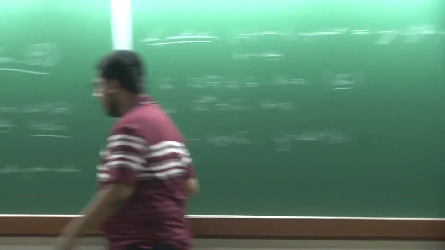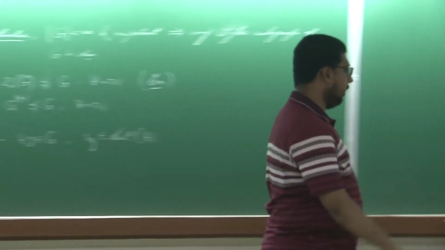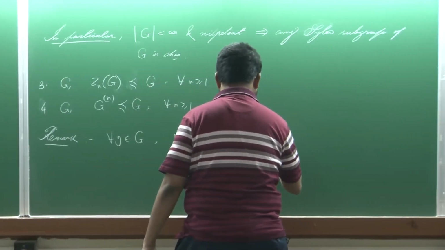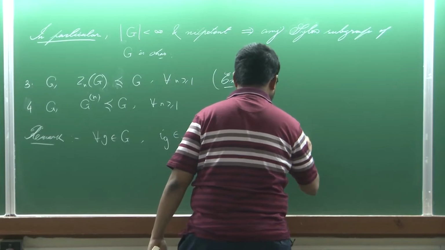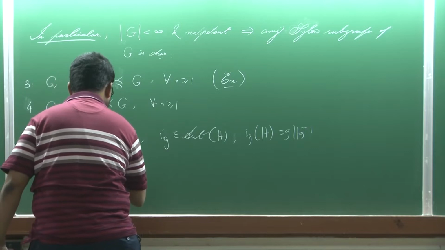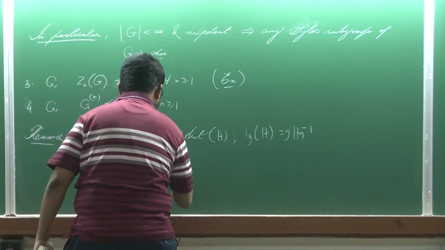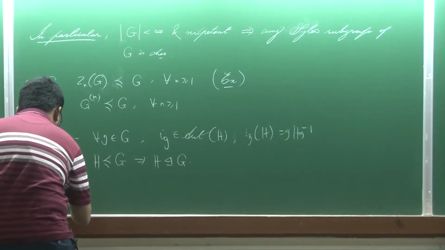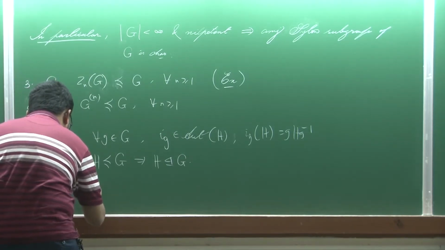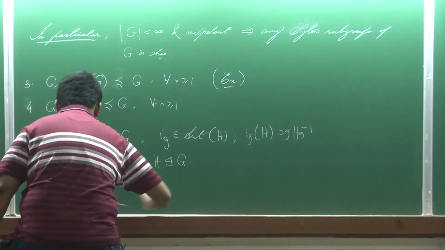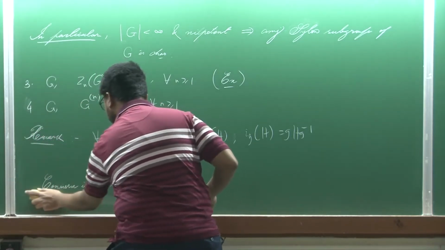So, it shows that if H is a characteristic subgroup, then H has to be normal in G. However, the converse is not true.